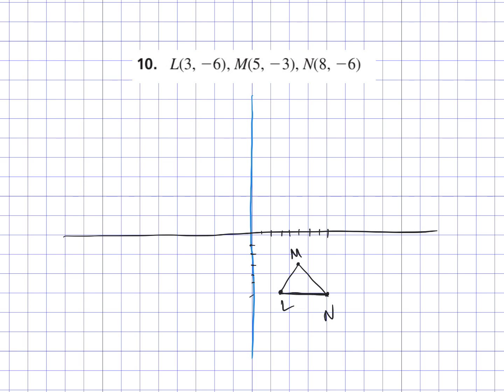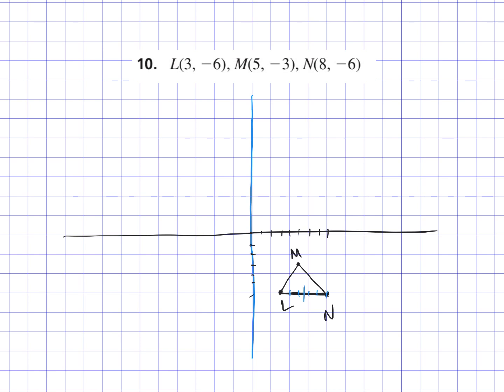So now we need to find midpoints. So let's use the horizontal line here, LN. And that's easy to find the midpoint. So 1, 2, 3, 4, 5 units long. So it's going to be in between those at 2.5. Wow. So 1, 2.5.